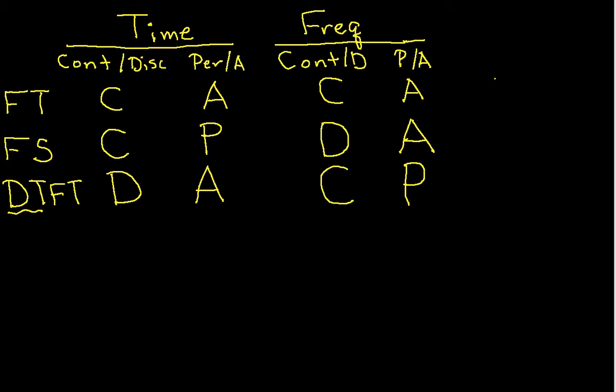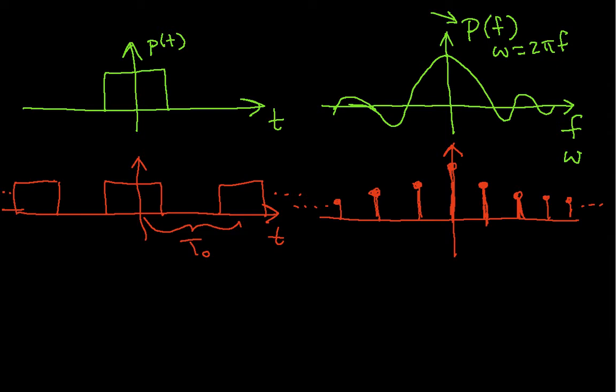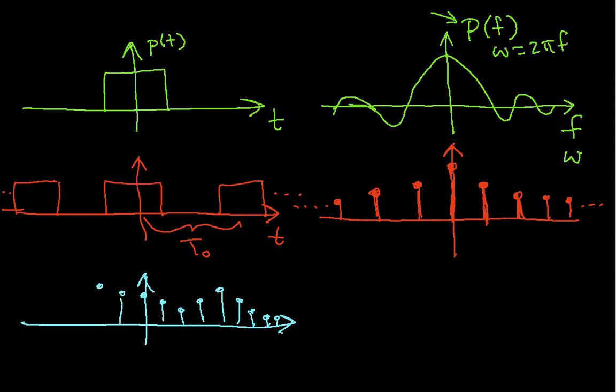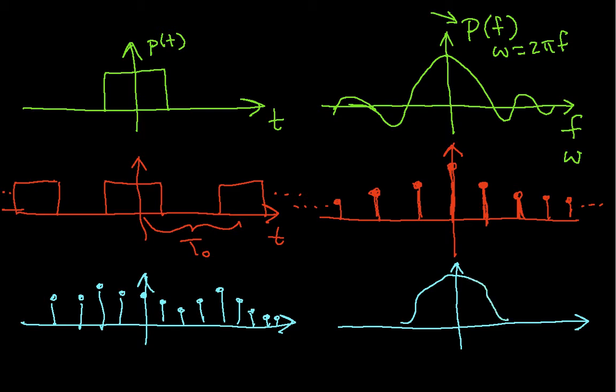Okay, so if we go back to our pictures here, if I have a signal that in the time domain is discrete, but not periodic, so I'm doing my best here to draw a signal that's not periodic, then in the frequency domain, the transformed version of this signal is going to be continuous in frequency, whatever that looks like, but it will be periodic.